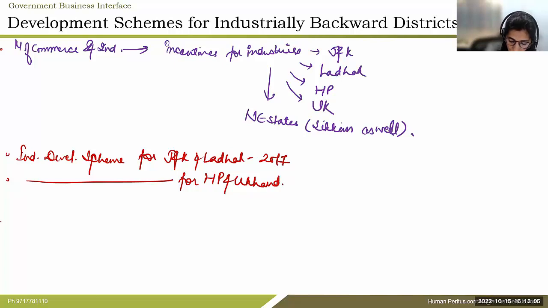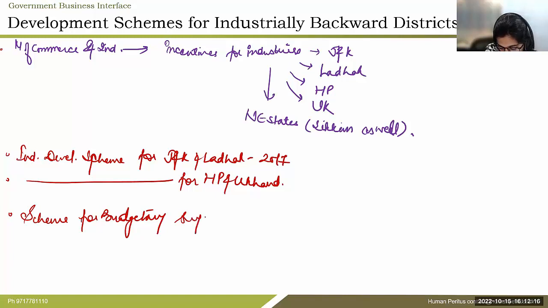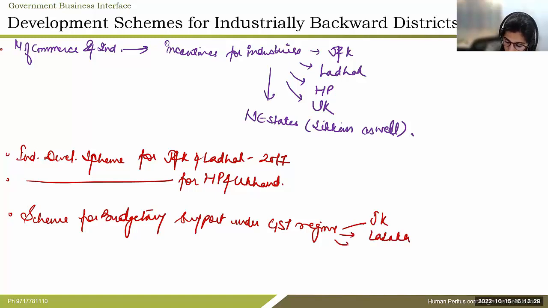There is a scheme for budgetary support under the GST regime for industrial units in J&K, Ladakh, Uttarakhand, Himachal Pradesh and northeastern states.